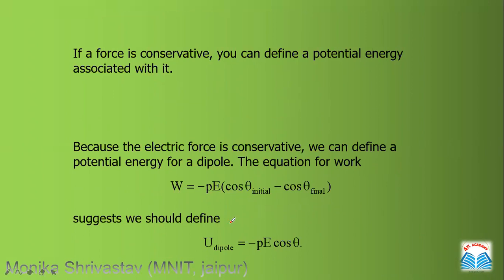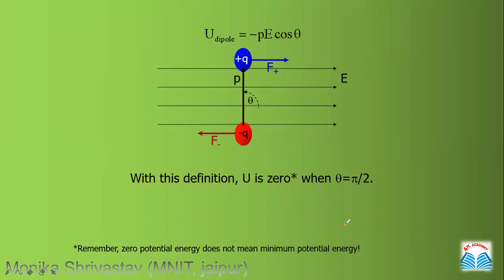So the potential energy of the dipole will be U dipole equals minus pE cos theta, not initial or final, but the resultant of both. These are specific results you should always remember while solving questions related to the dipole. So U dipole is minus pE cos theta.